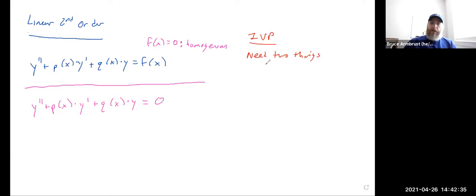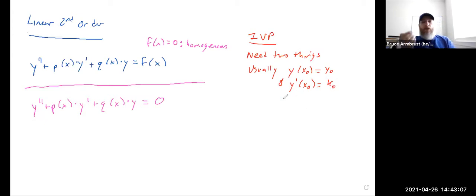But now we're going to need two things, and it's usually, not always, but it's usually we're going to have y of x naught equals a number. And we're also going to have y prime of x naught equals a number. So that's usually what happens, is that we know the function and its derivative at the same point.